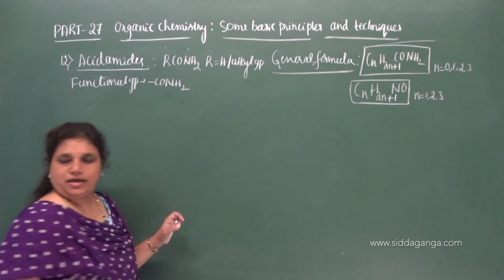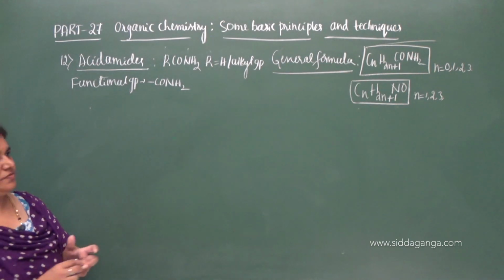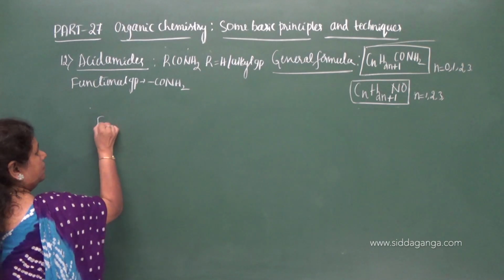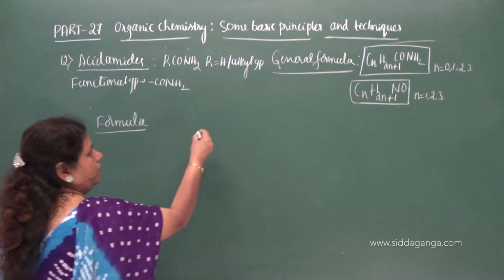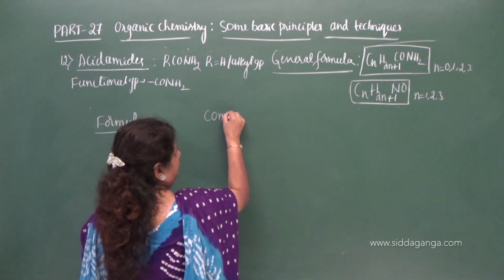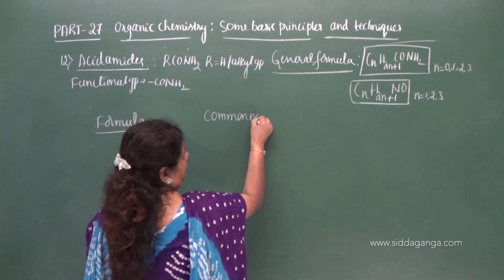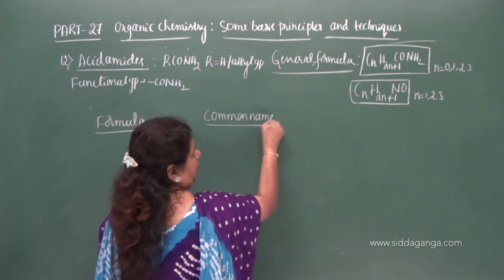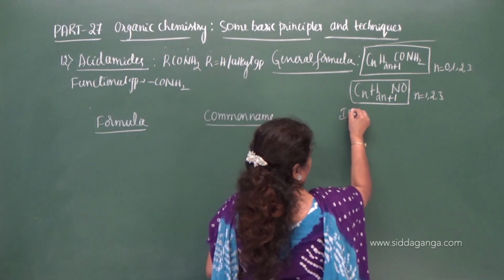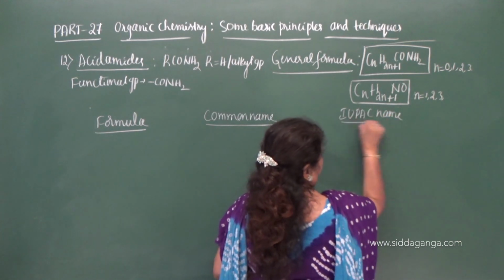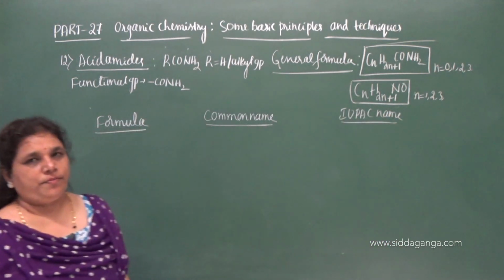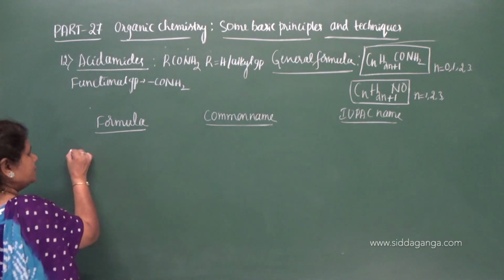So write 3 columns here. First one is formula, then common name, and IUPAC name. So let me give the first one.